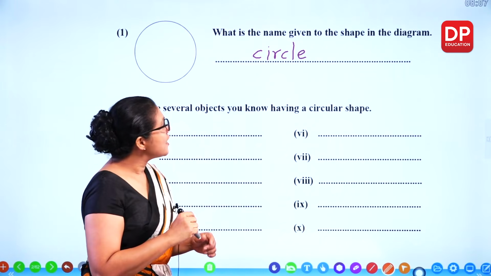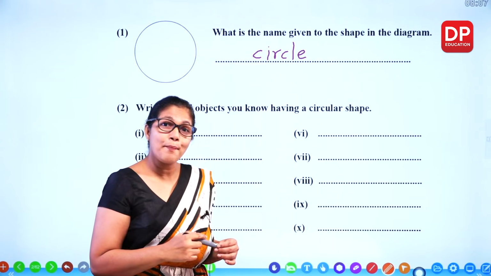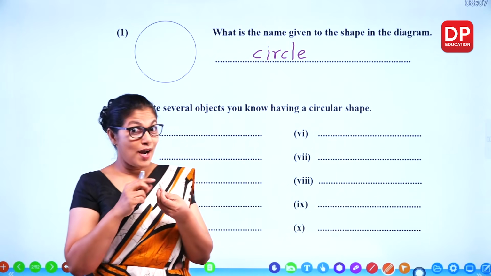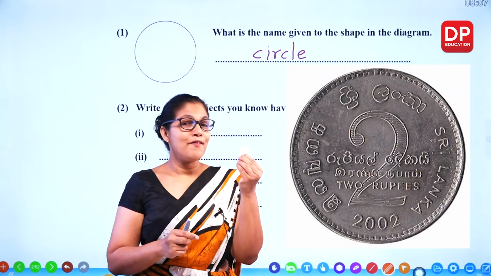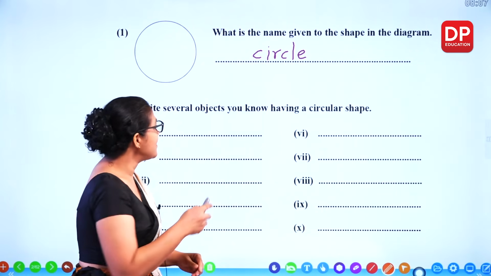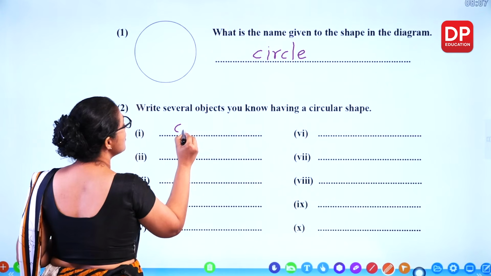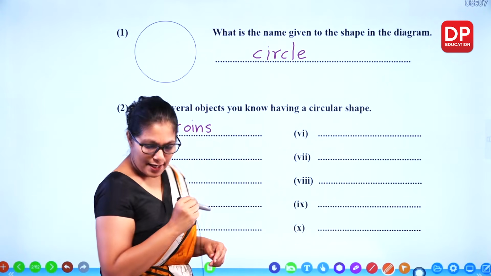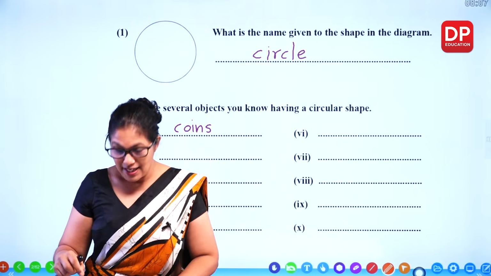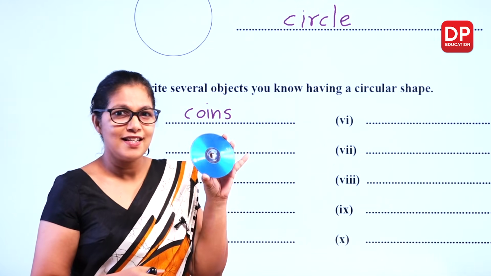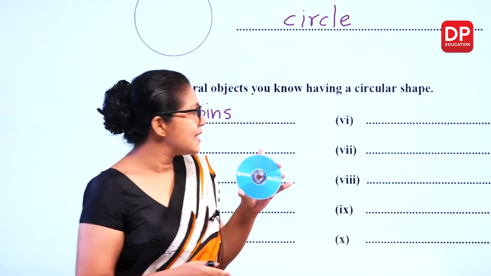Write several objects you know having a circular shape. What about this one? We all have this with us, coins. So coins are circular shape. Then what about this one? This is a CD, compact disc.